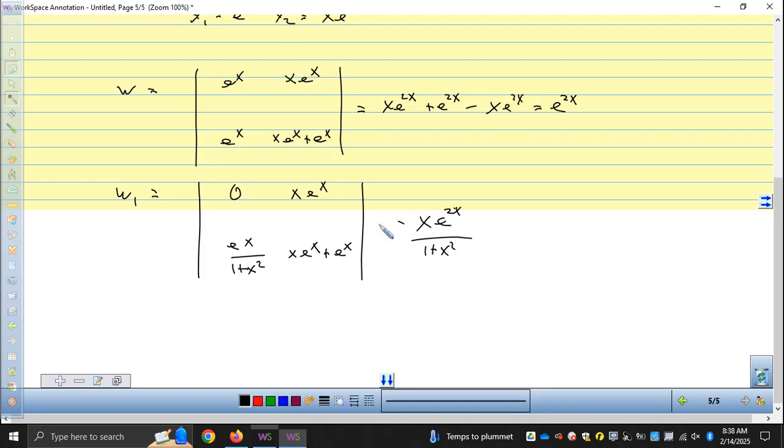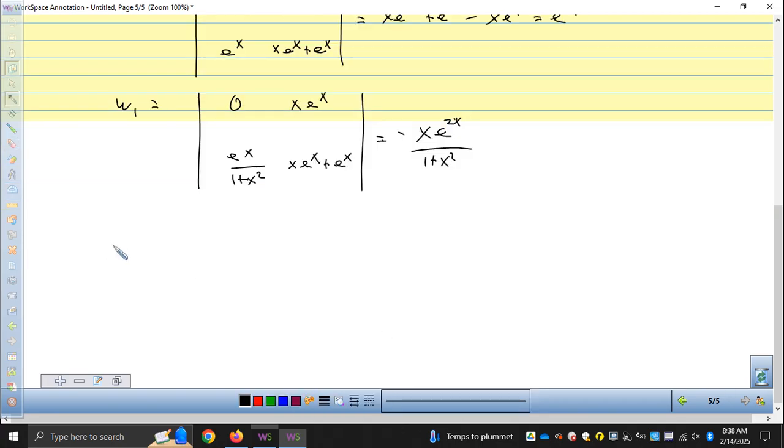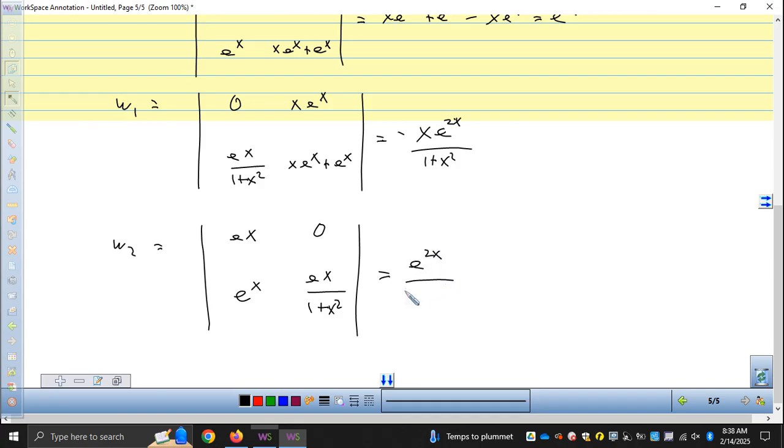And W2: e to the x, e to the x, first column of the Wronskian, 0, e to the x over 1 plus x squared. So this is going to give me e to the 2x over 1 plus x squared.